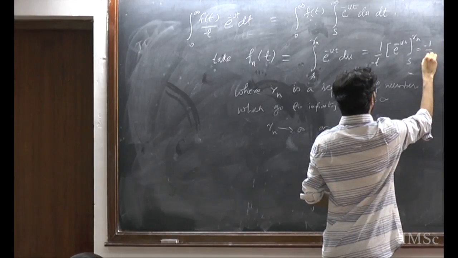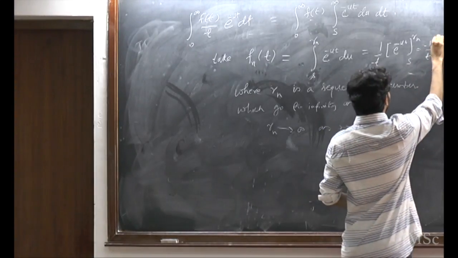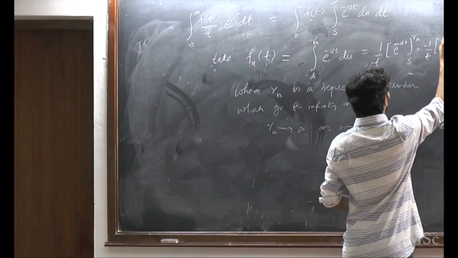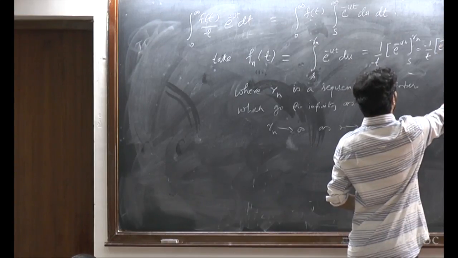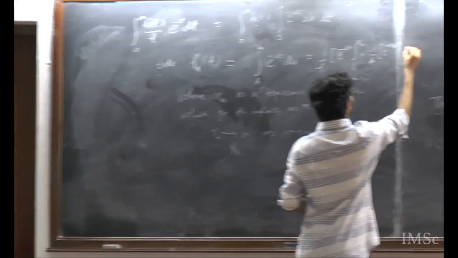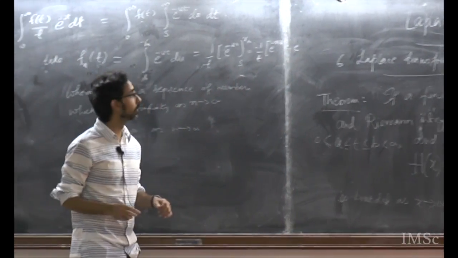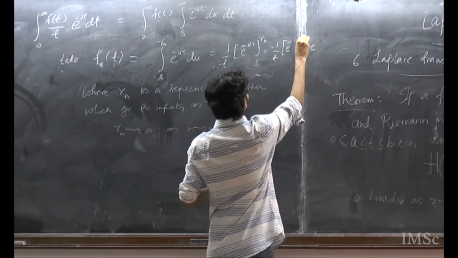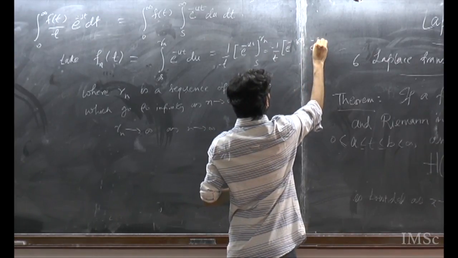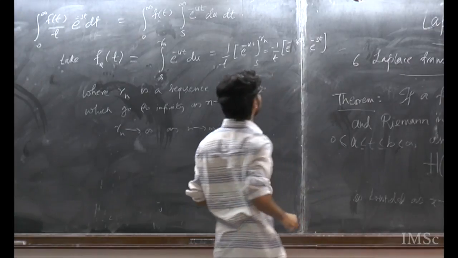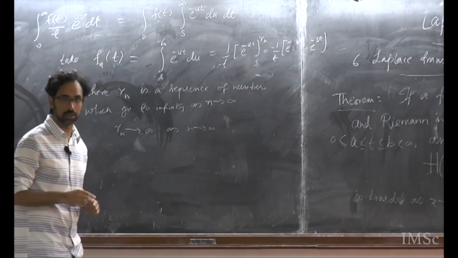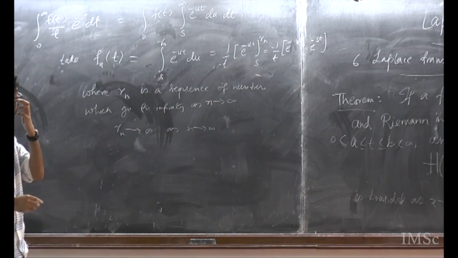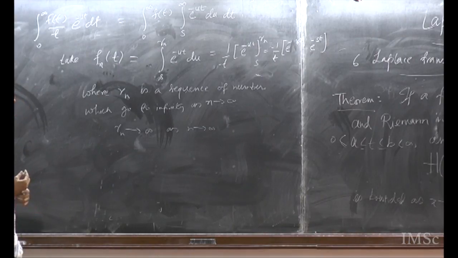This is minus 1 over t times e to the minus R_n t minus e to the minus st. Is it okay? Any questions?